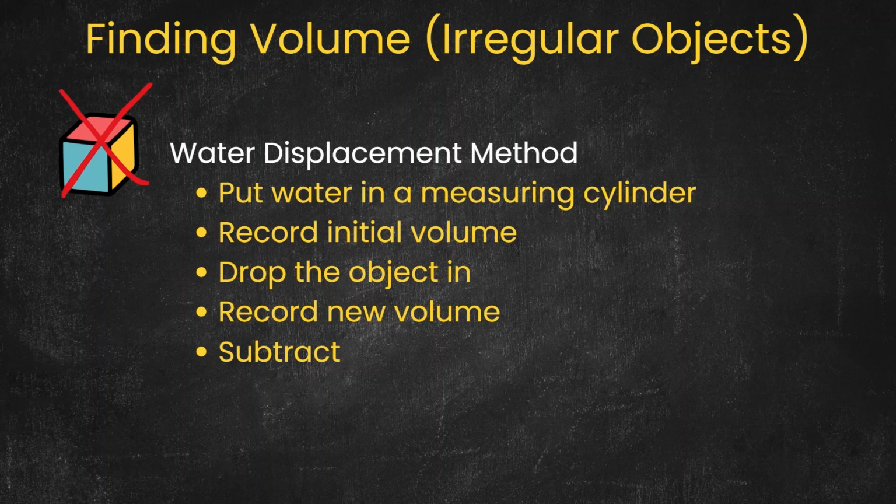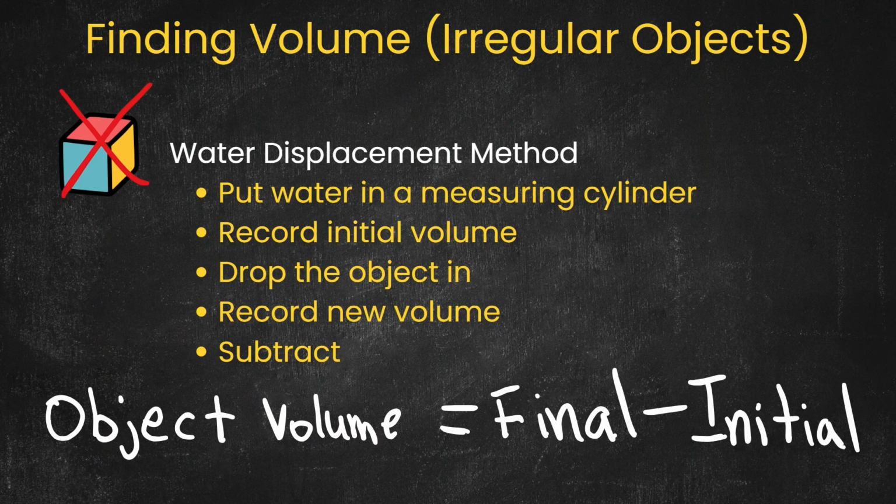The first step is to put water in a measuring cylinder and record the initial volume in that cylinder. Next, you drop the object in and you record your new volume, and then you simply subtract. There's a little formula for this water displacement method: object volume equals final minus initial volume.